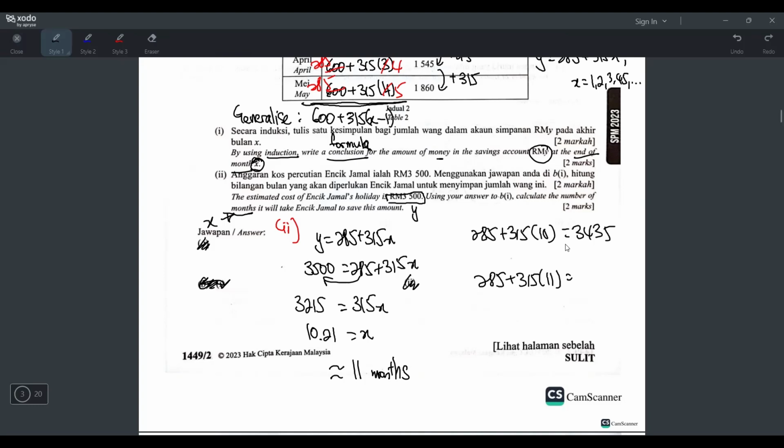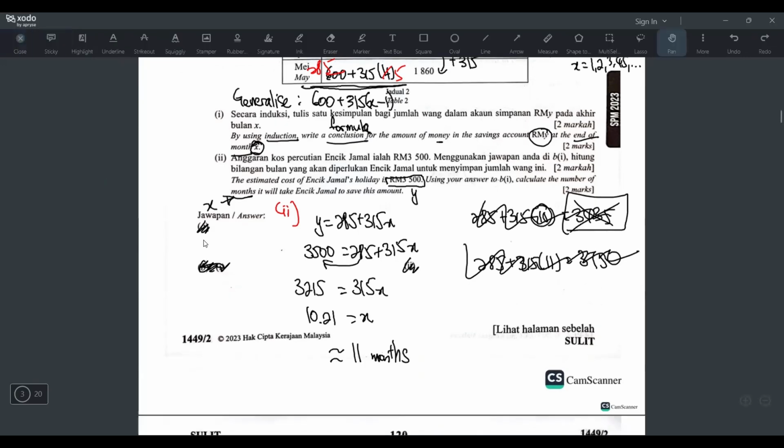So you can see that at the end of the 10th month, when X is 10, the savings still haven't reached 3,500. So it's not enough yet. But at 11 months it is enough. So now you understand why I say the answer is 11. But of course you don't have to show this in the exam. This is just to check your answer. Okay, so this is the working. Okay, finished?